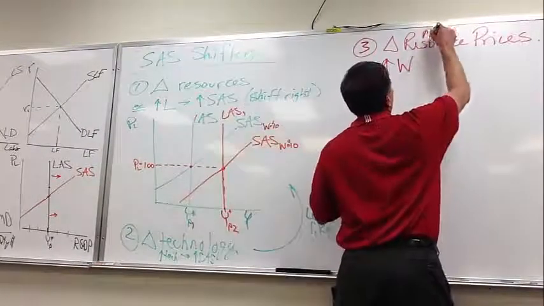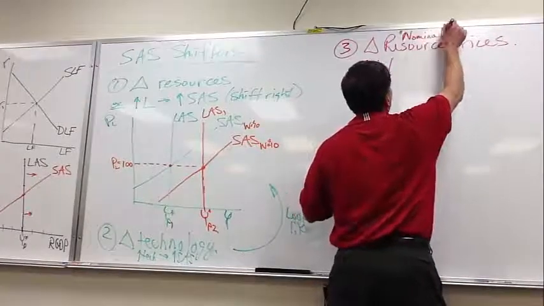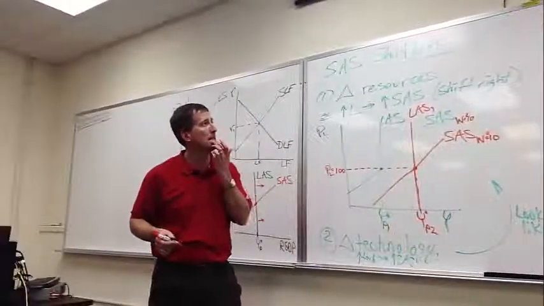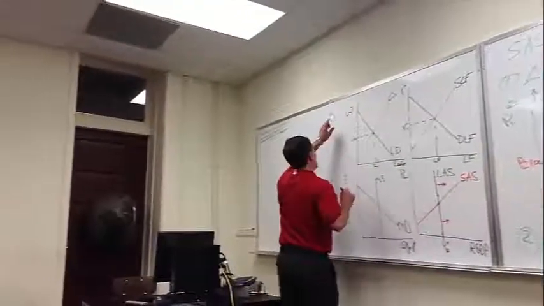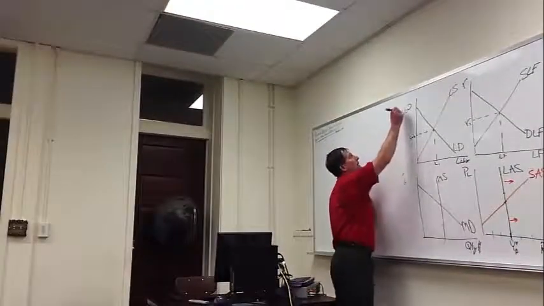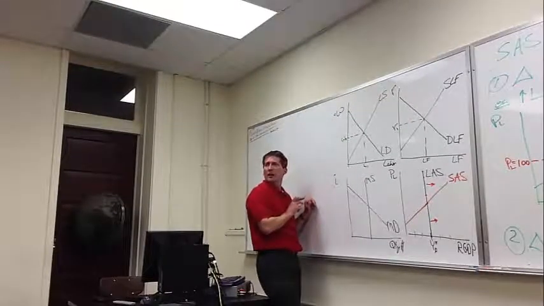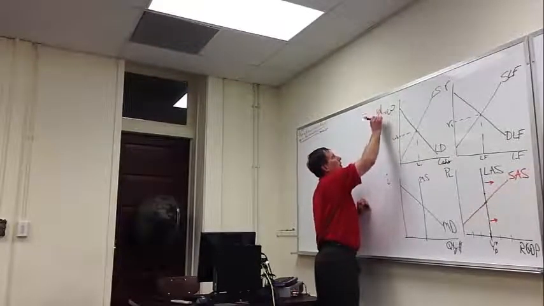Another thing I should have probably put in before already, but these are nominal resource prices, not real. So it's big W. In other words, it's not this. How did we derive the real wage? Coming back to chapter 6 for a moment. Nominal over the price level. Big W over the price level.